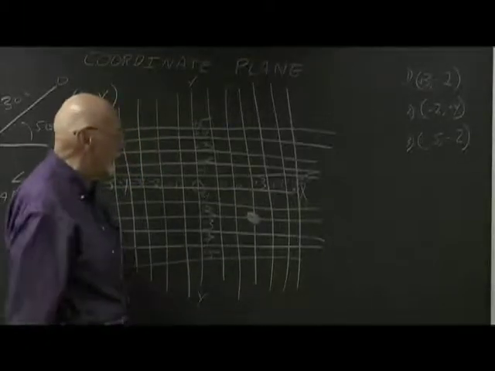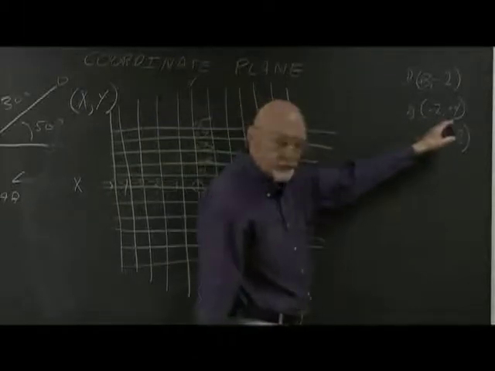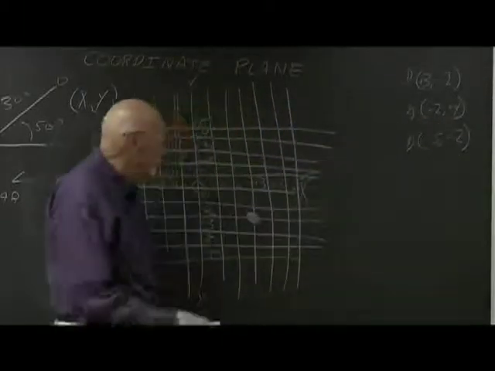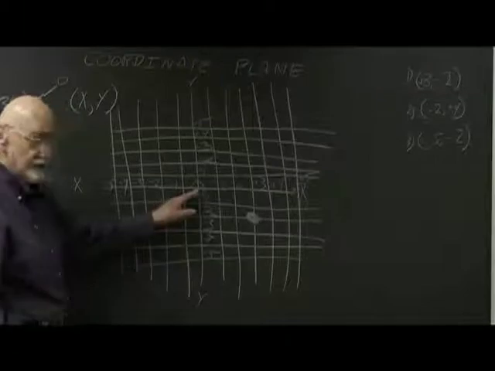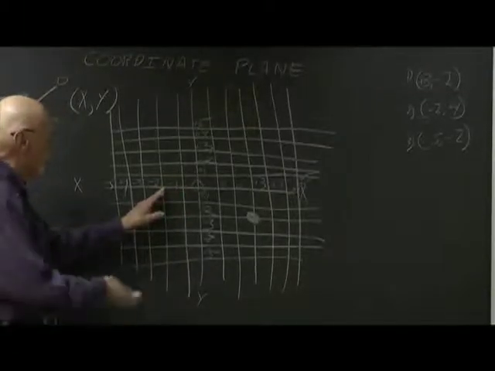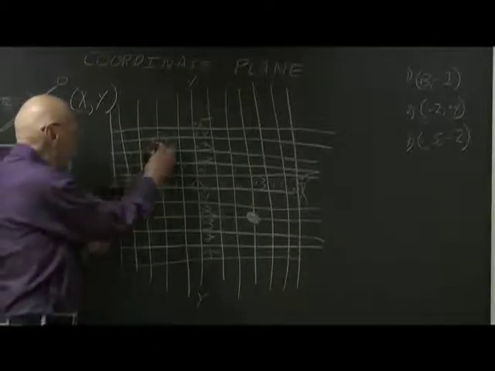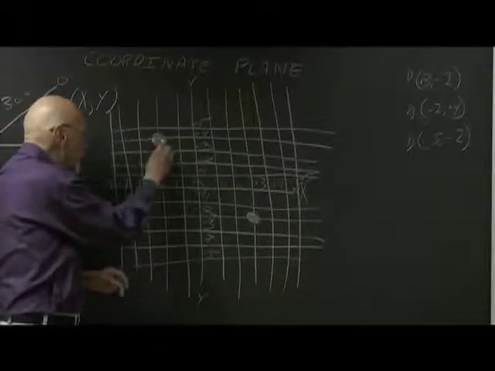Let's find another one. We want -2, +4. X-axis, 1, 2. +4 on the y-axis will go up. 1, 2, 3, 4. There we are. That's where that one goes.